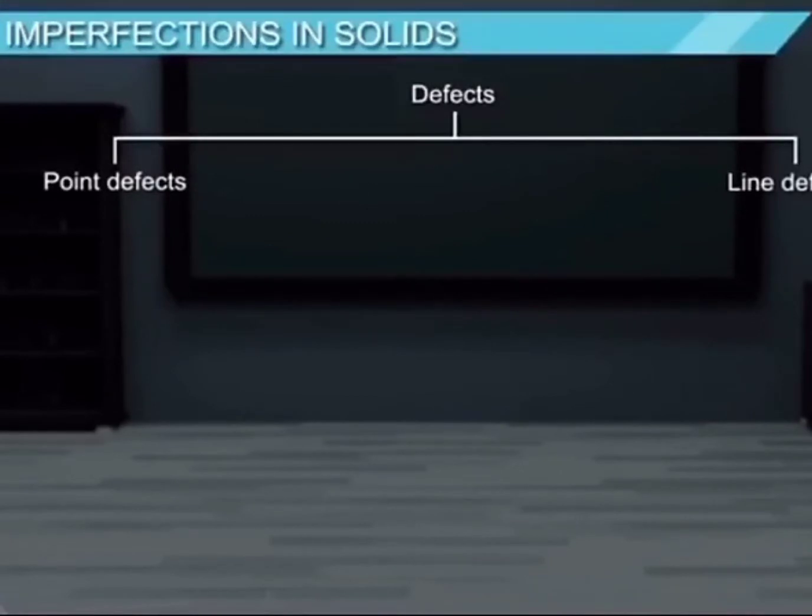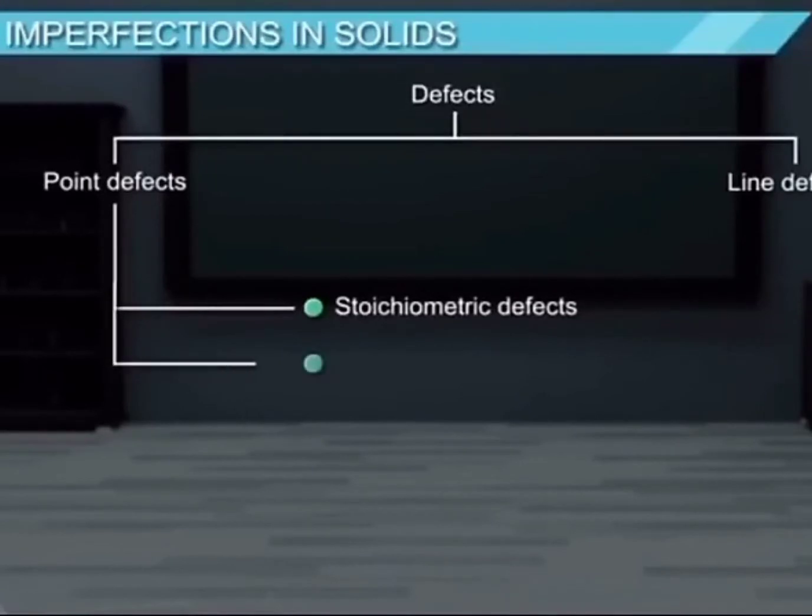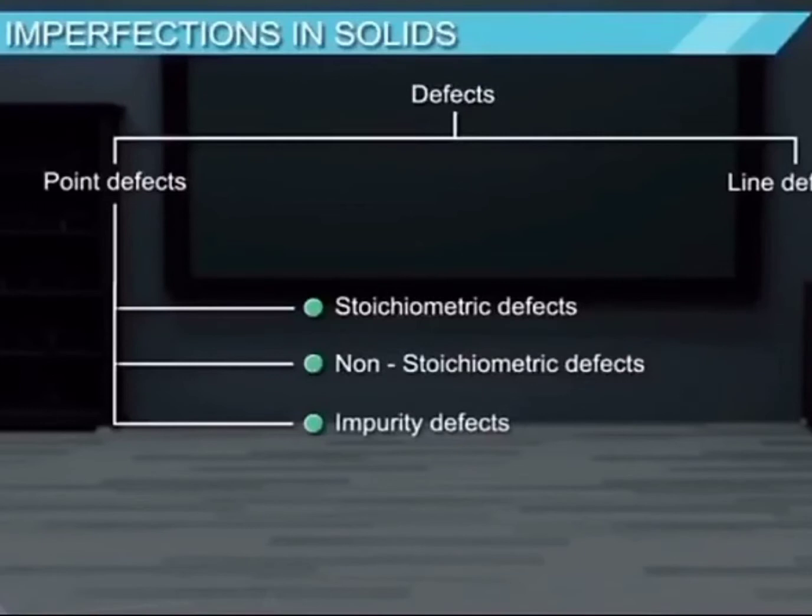Point defects can be classified into three types: stoichiometric defects, non-stoichiometric defects, and impurity defects. Let us discuss each one in detail.